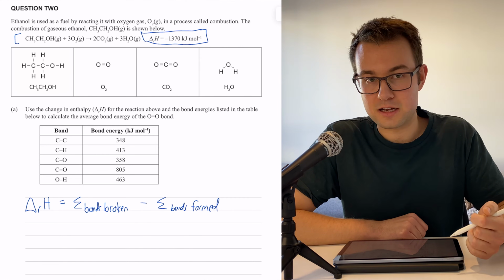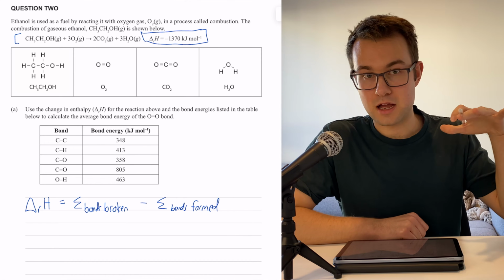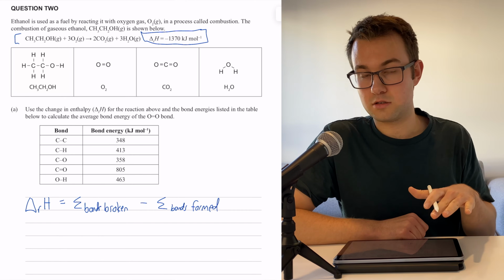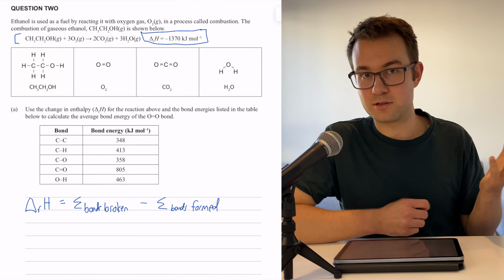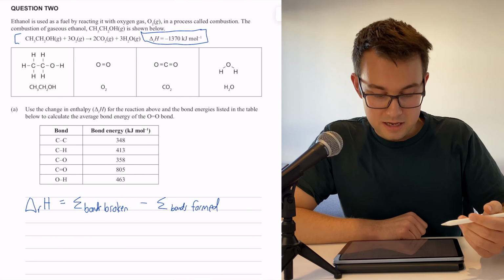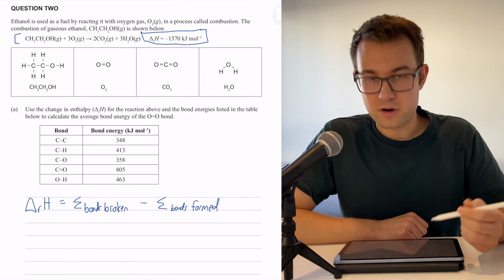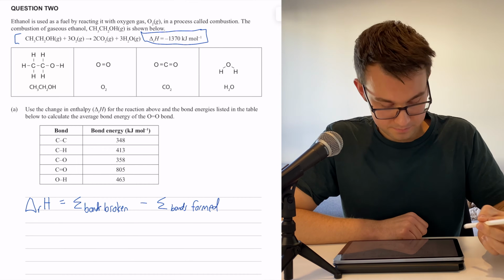Atoms on their own have a higher amount of energy, and when they form a bond the overall energy decreases. That energy is not destroyed, so it goes out into the surroundings. That's a simplified way of seeing why forming bonds releases energy.